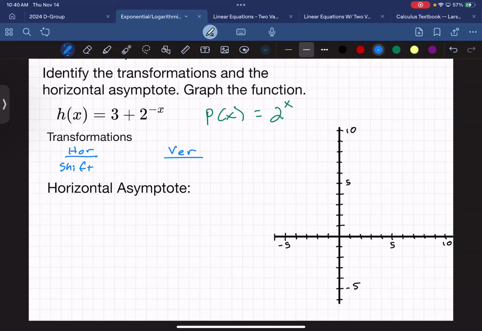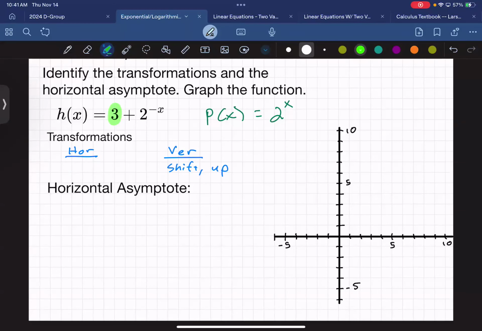Why is it up though? Because it's not in the exponent. It won't necessarily always be parentheses. Just remember, the exponent is our parentheses, that group. So since it's not in the exponent, that's how we can confidently say that's vertical. Now, what is in the exponent that we have to be careful of?